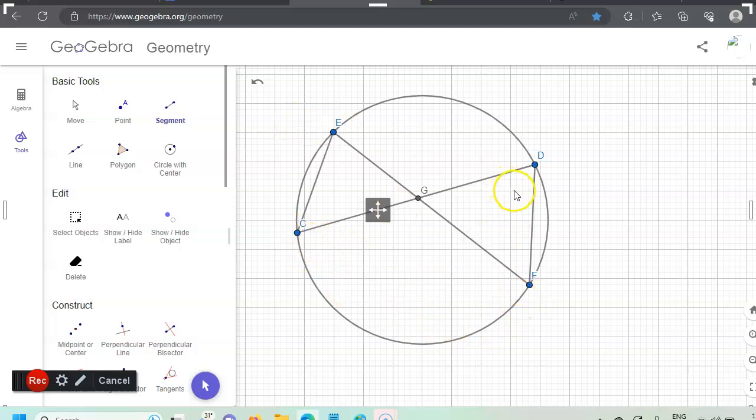So we can say that angle E and angle D share the same arc CF, which forms the sector CGF.